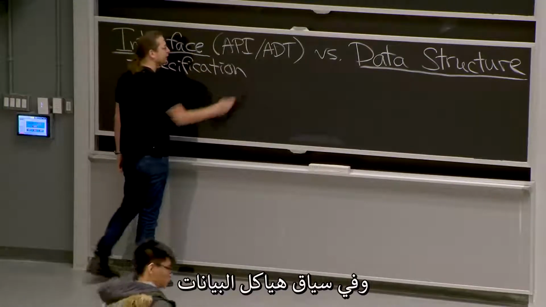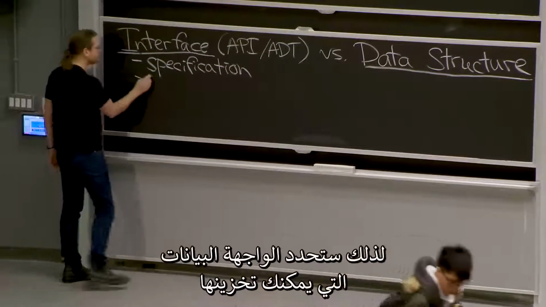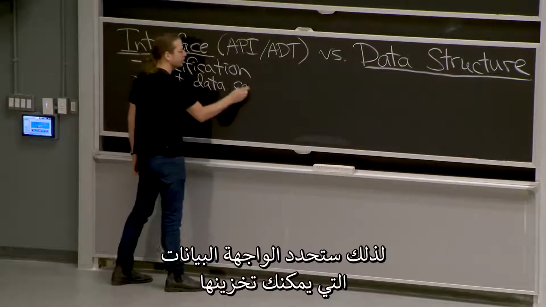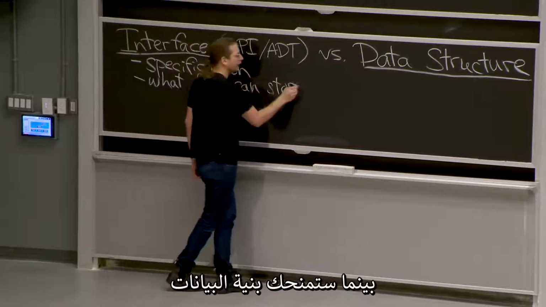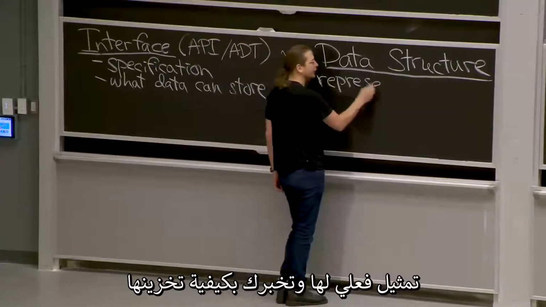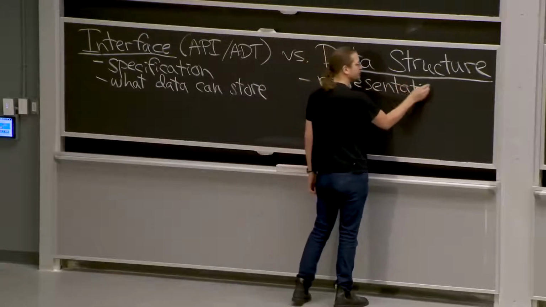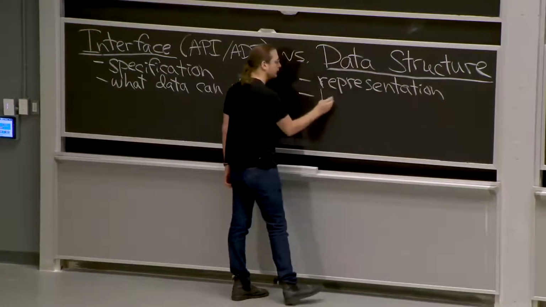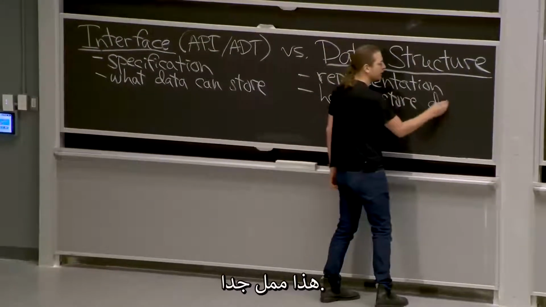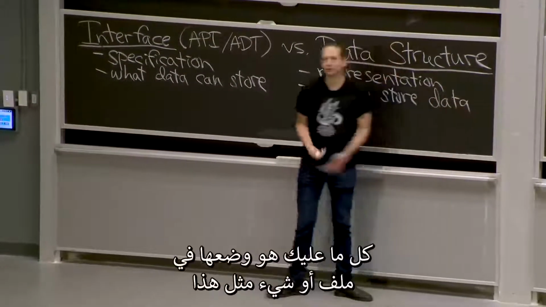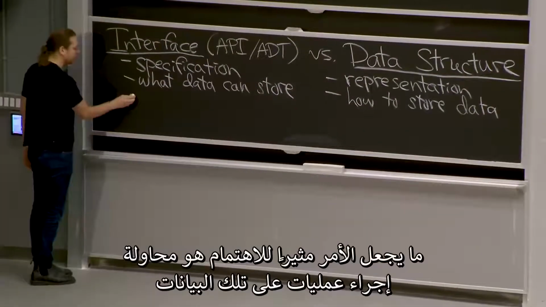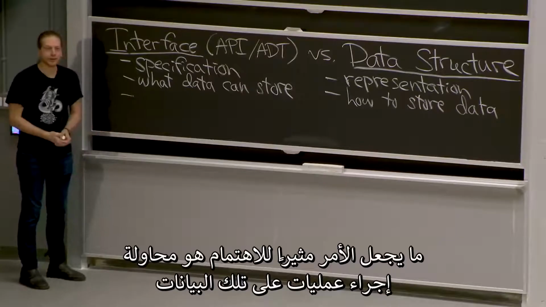And in the context of data structures, we're trying to store some data. So the interface will specify what data you can store, whereas the data structure will give you an actual representation and tell you how to store it. This is pretty boring. Just storing data is really easy. You just throw it in a file or something. What makes it interesting is having operations on that data.